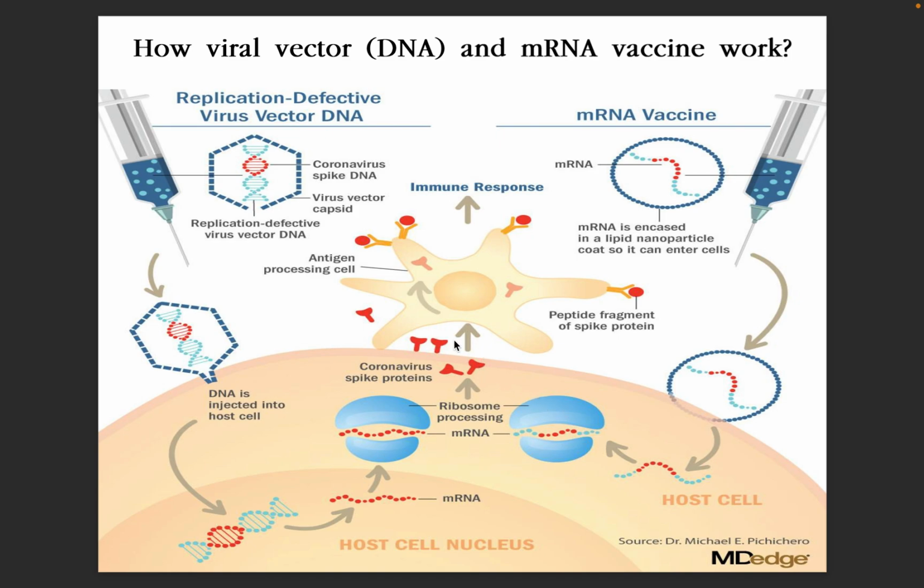Again, the viral protein is produced and expressed on the cell membrane of the host, which attracts the immune cells to destroy the cells and produce the antibody against it. So now we have immunity against COVID-19.